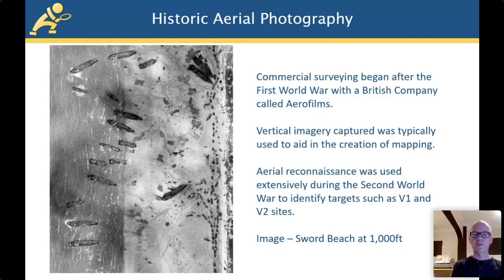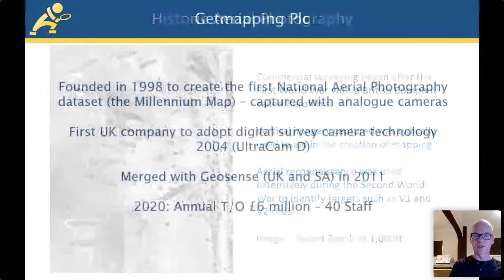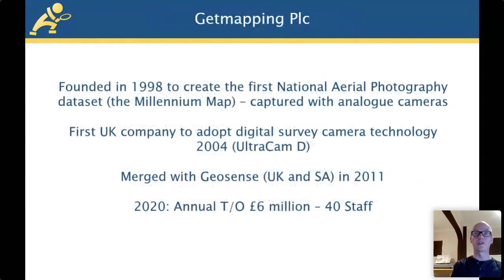It was used even more extensively during World War II for reconnaissance. And there's one slide I haven't put on there, which people always remind me about: a huge program of aerial photography in the 1940s after the war, which was the first mass survey of the UK. It showed all the bomb sites and the destruction after the World War II Blitz.